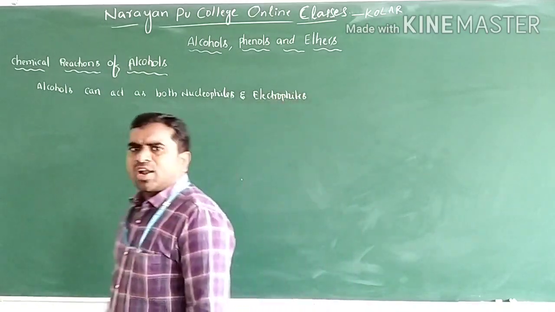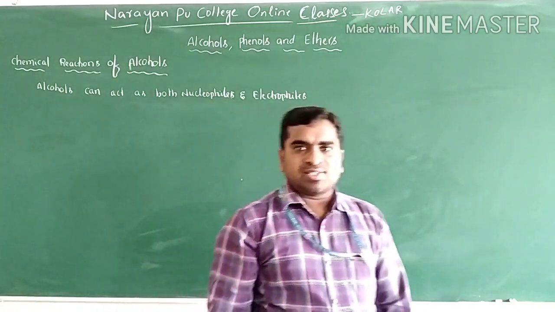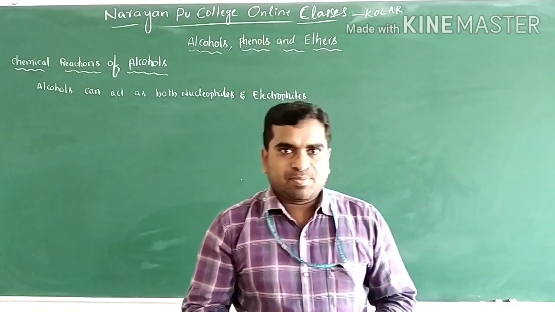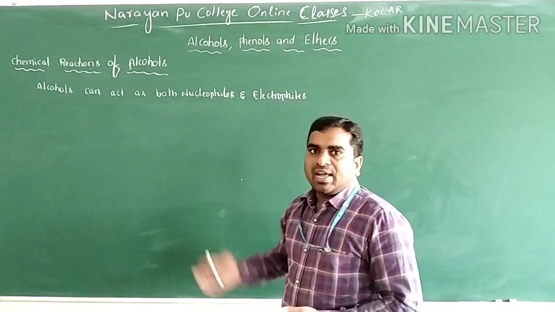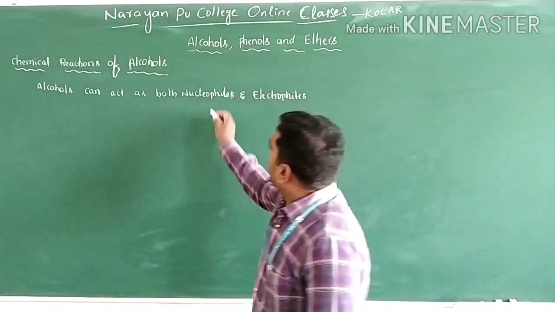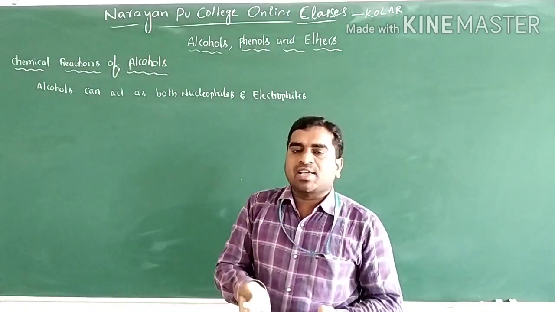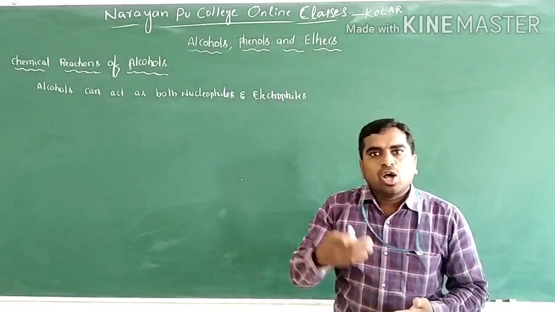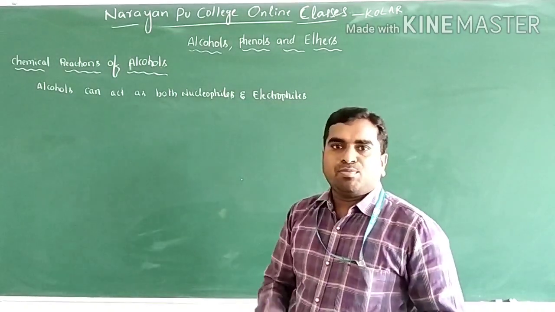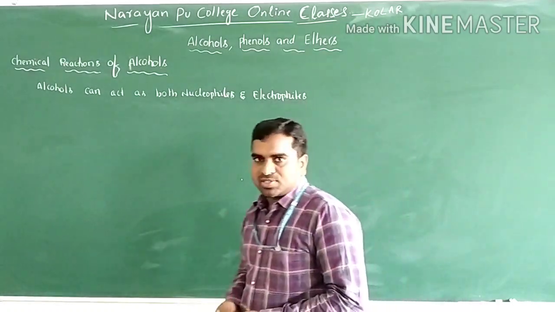As you already know the meaning of nucleophiles and electrophiles: nucleophiles means electron rich species, electrophiles are electron deficient species. Nucleophiles possess either a negative charge or lone pair of electrons, and electrophiles possess a positive charge or empty orbitals.